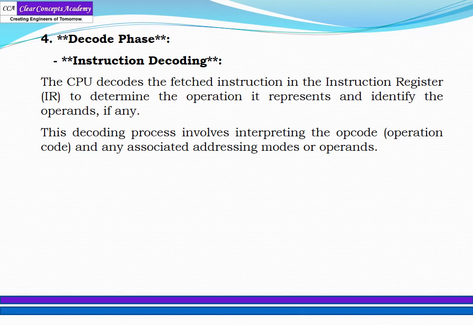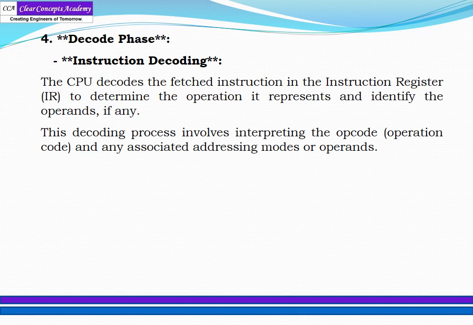This decoding process involves interpreting the operation code and any associated addressing mode or operands. Depending on the instruction given, the next operation is done. The instruction may be a jump to an address, and then it will move the program counter to that address.